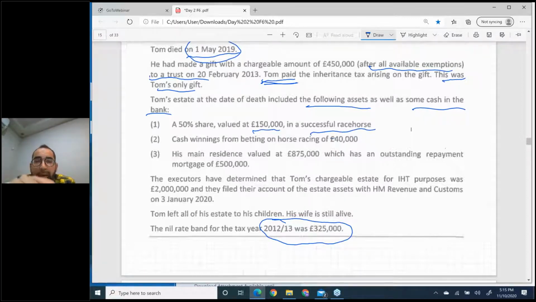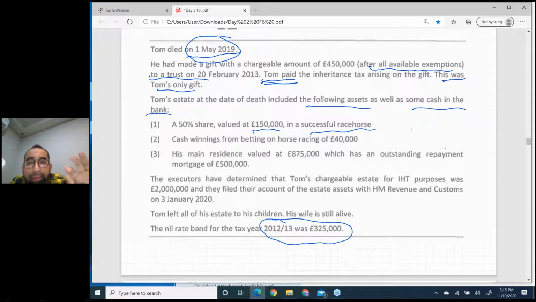This is the value of exactly 50%, so this value will directly go in the death estate calculation, 150,000. At the time of death, whatever you own is part of your death estate. All assets are included, so this 150,000 will be included as it is.